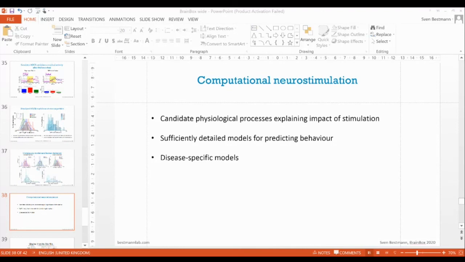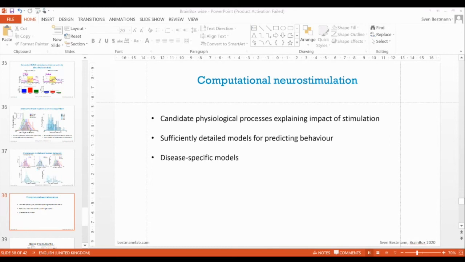Well, I think the question has to be how good are the computational models for different diseases? So I think in cases like DBS and maybe epilepsy, there are very interesting models that describe the physiological impact, and also increasingly how that might impact on certain capacity of the network and so on and so forth.